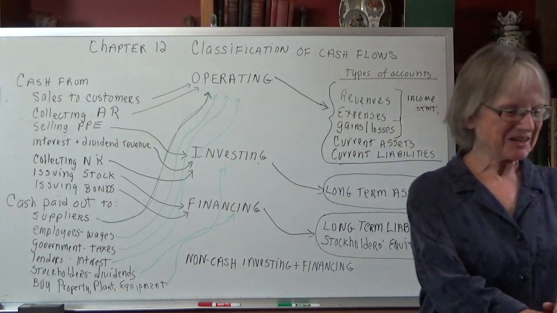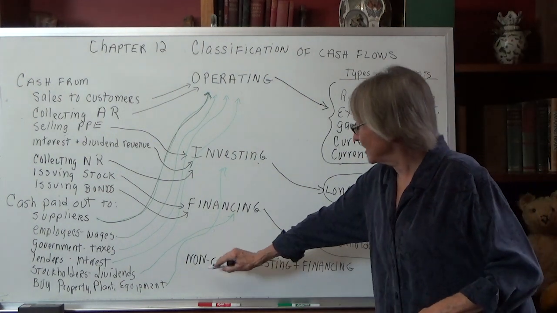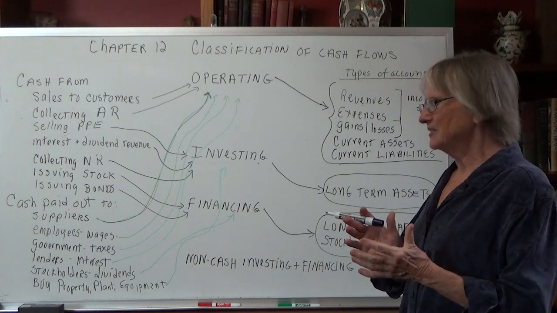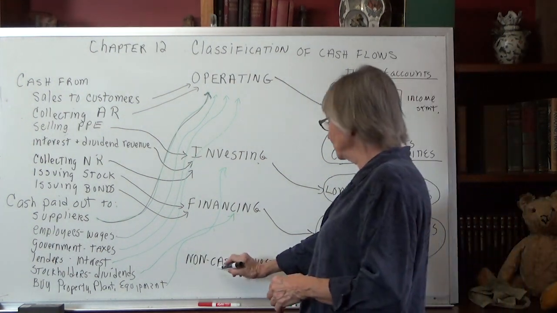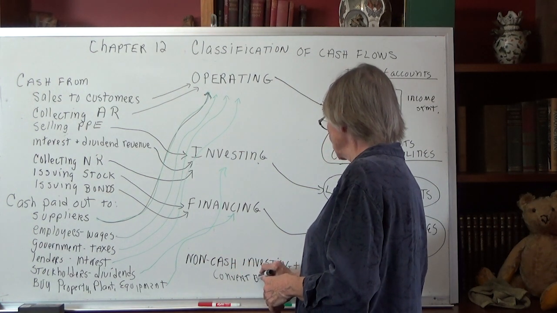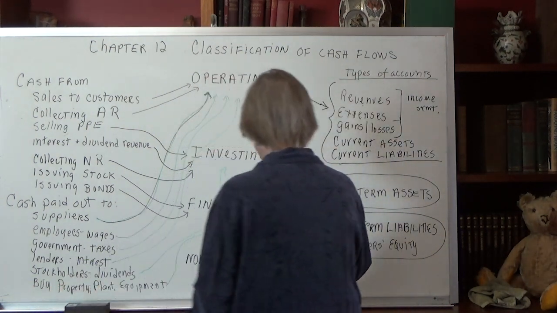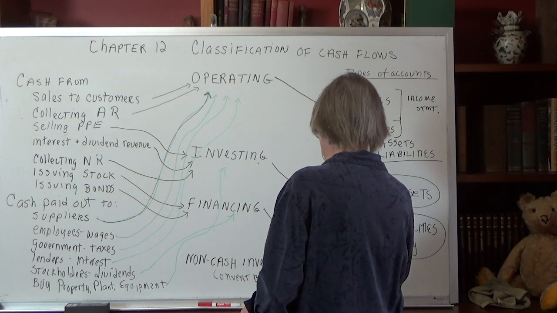Okay, so that's our classifications. And then we have this other last one down here, non-cash investing and financing. And that's just what it says, non-cash. So this would be, we can convert bonds to stock.